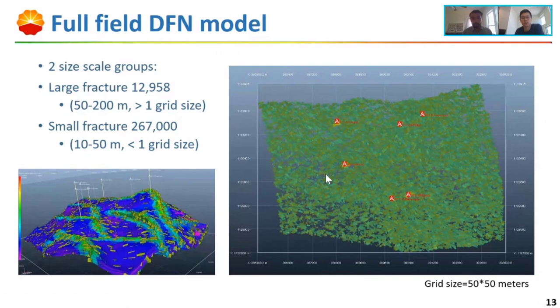But I just want to point out that for this particular case, the grid size was 50 by 50 meters. So there are some fractures whose length and height are larger than the grid size, and there are not many issues representing that.